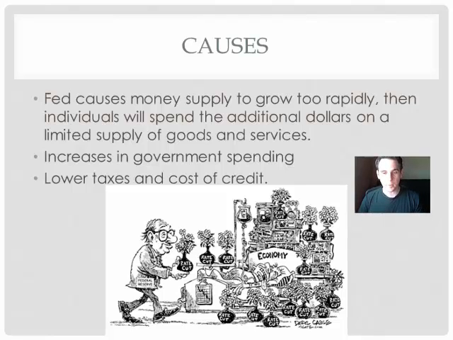But if that outstrips people's income, like for example, loans are cheap, so even though they can't afford things right now, they take out a loan to buy things that they really can't afford. That can cause demand pull inflation because people are buying things even though their income can't really support it.